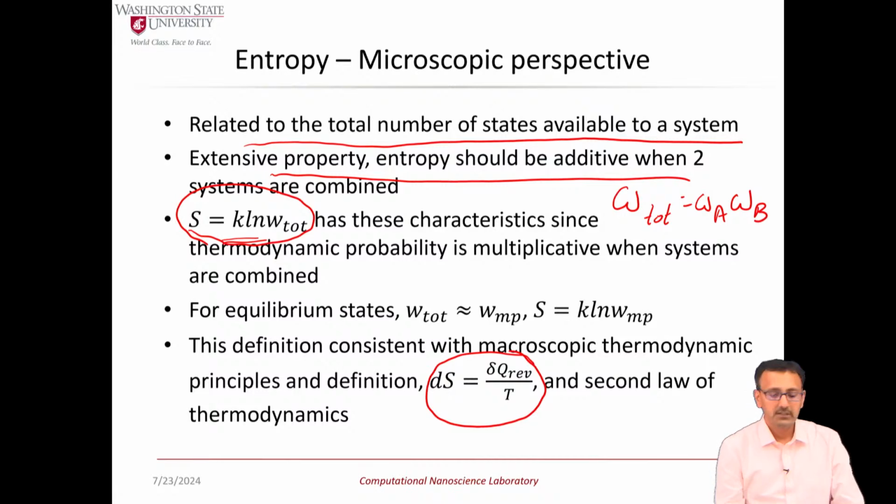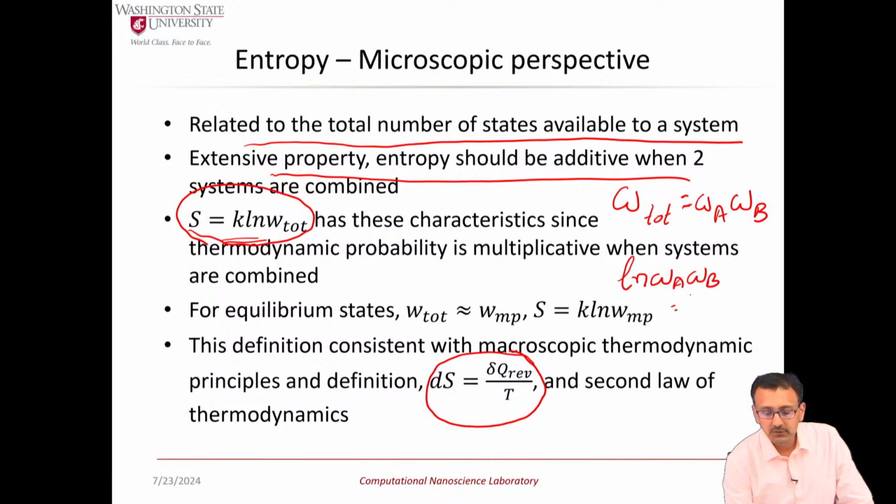It is just from combinatorial analysis, it is the product of the ways you can distribute the particles in box A multiplied by the number of ways you can do that in box B. But if you now take a natural log function of this, you suddenly get natural log the sum of it.